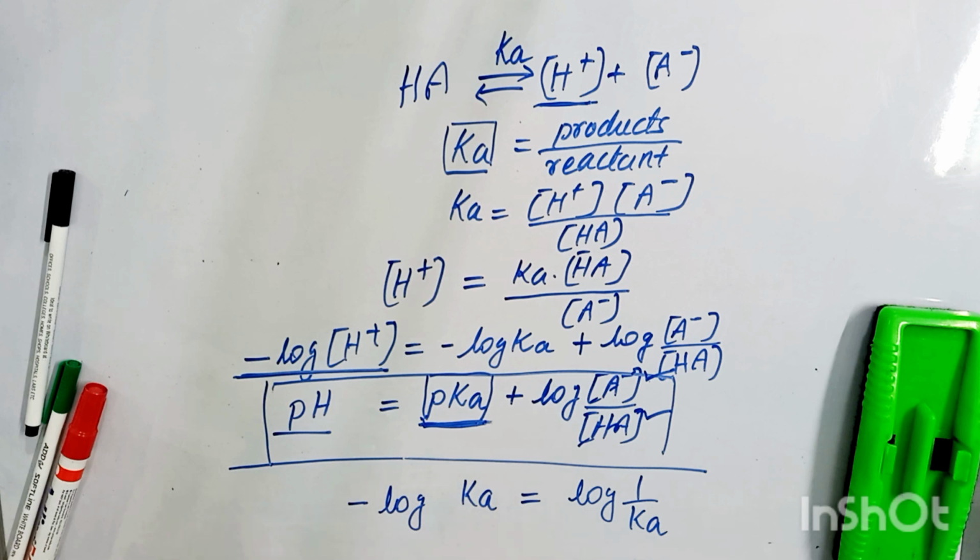So those acids which have their pKa values around our biological fluid pH, our body pH, which is slightly alkaline, 7.4, are very useful acids. Why are they useful?